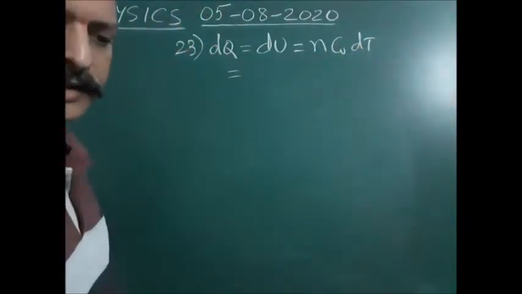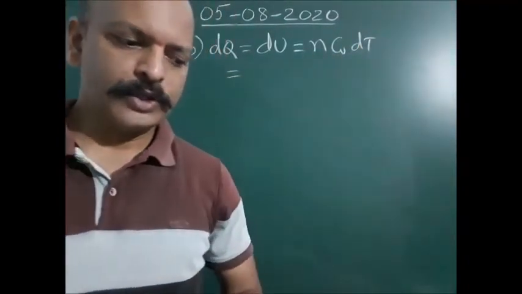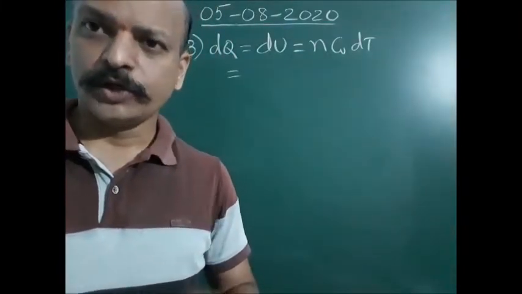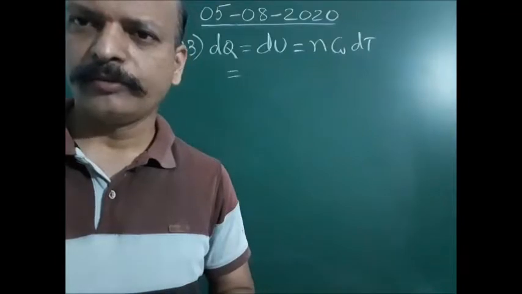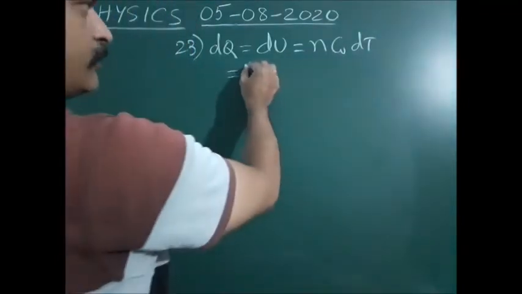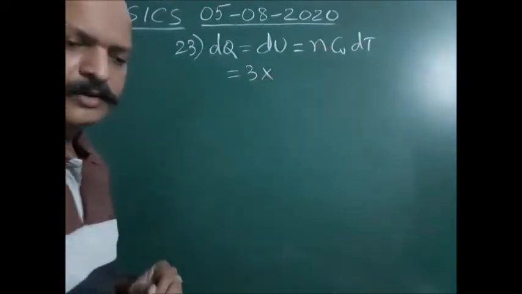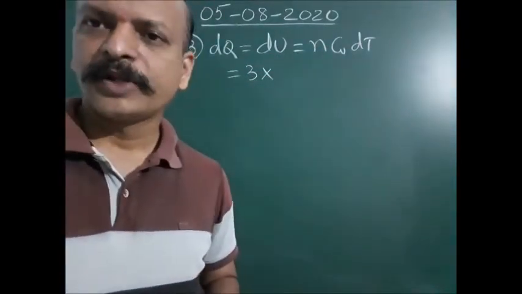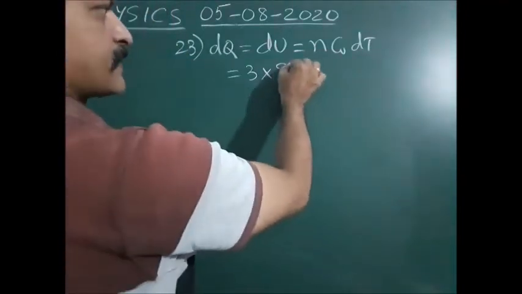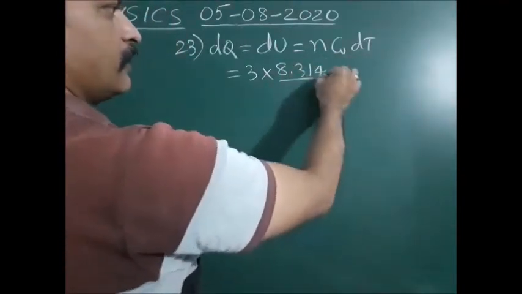Okay, n: 67.2 liter means how many moles at STP? 22.4 liter means 1 mole, 67.2 liter means 3 moles. So 3 moles of gas. And Cv formula is R by gamma minus 1. R is 8.314.